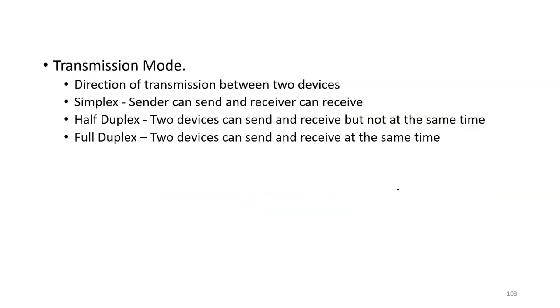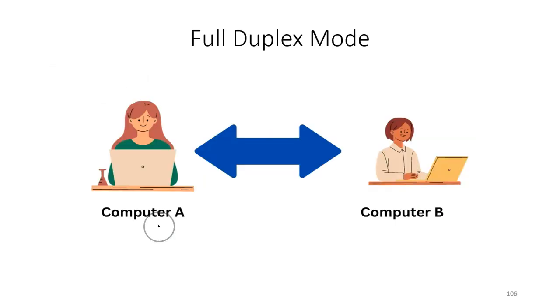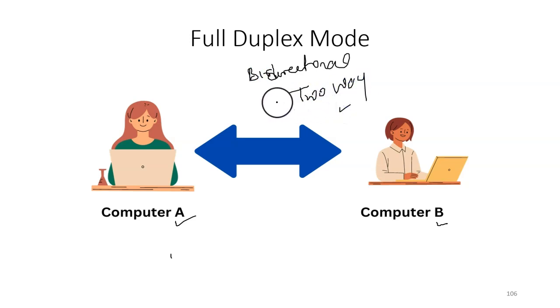And next one is the full duplex, where two devices can send and receive data at the same time. There is system A and system B, so there is computer A and computer B. Here computer A sends data to computer B, and computer B can also send data to computer A. Means this communication is known as bidirectional communication or two-way communication at the same time.